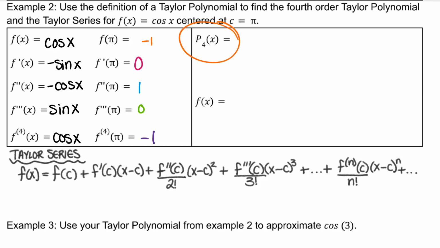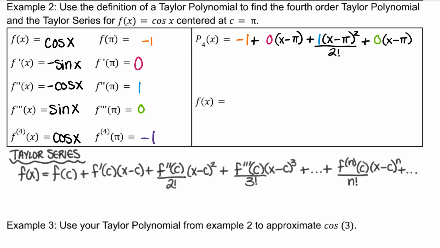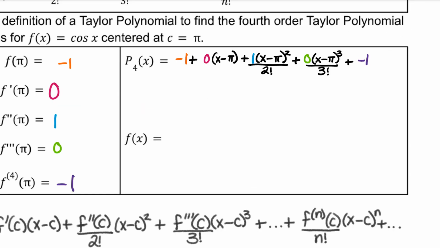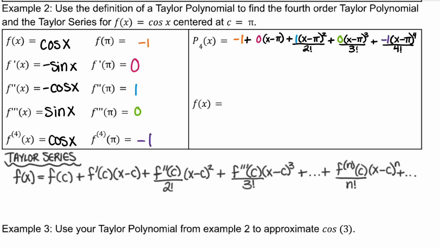Our Taylor polynomial will be the same as the Taylor series, but it will not be infinite. We will stop at the 4th degree term. F of c is negative 1. F prime of c is 0. Speaking of, c is pi, remember. All right, look at that.